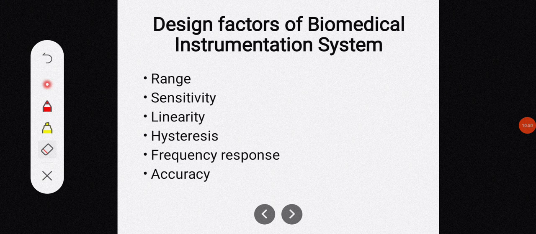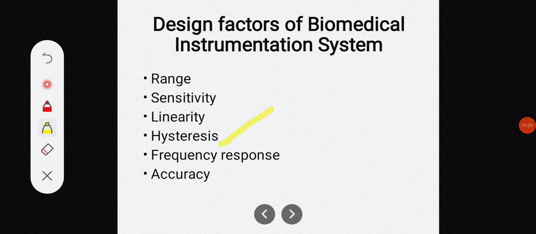Now, the next design factor that I am going to discuss is hysteresis. So, what is hysteresis? Hysteresis is basically the variation in the output of a biomedical instrumentation system. In this lecture I am continuously using the term biomedical instrumentation system because I am discussing all these design factors with respect to it.